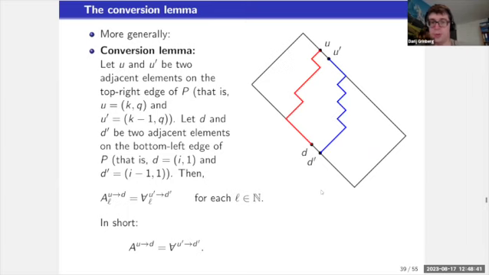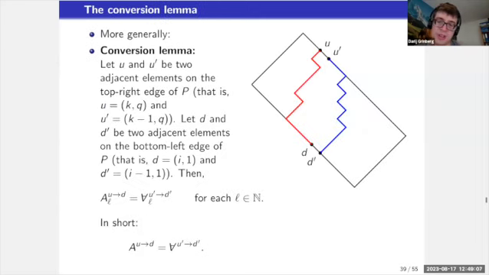So this is what we need to prove. I call this the conversion lemma because it converts A products into B products. And it's no longer transition because the time doesn't change anymore. You don't row motion anything. You look at a single labeling, but this time you have A on the left and B on the right.